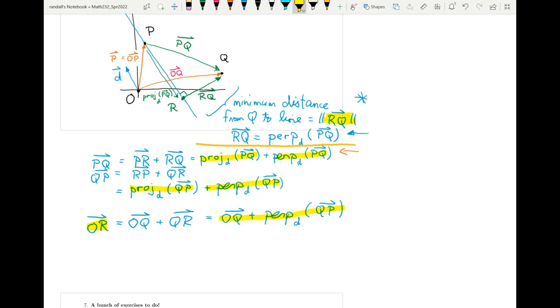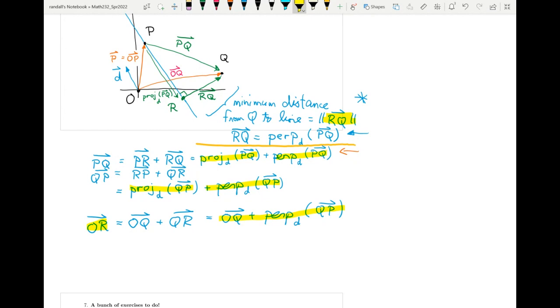I have the point Q, so I have the vector OQ and I know its coordinates. And I know the vector P, so I know the coordinates of the vector QP, and then I can compute the perpendicular part of it, and then I can get my vector OR.